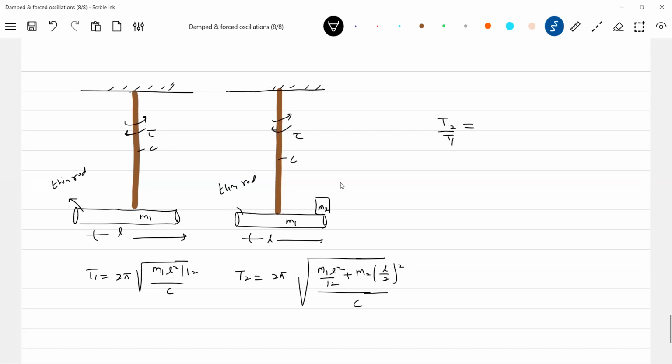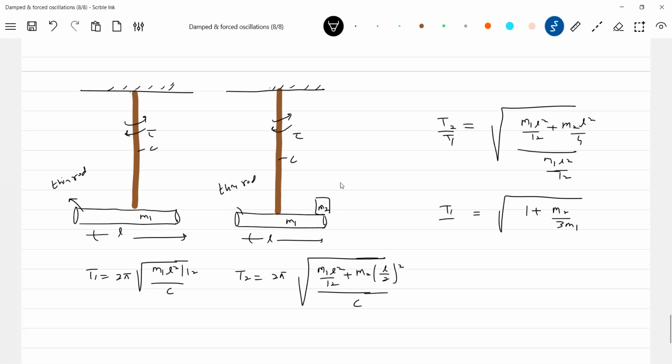So we'll end up with root of 1 plus 3M2 by M1 for T2 by T1.